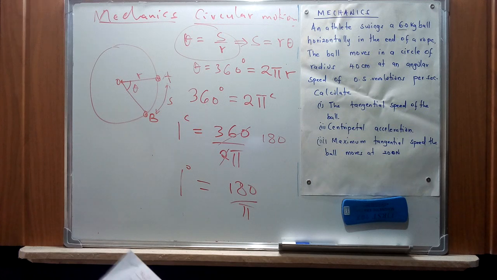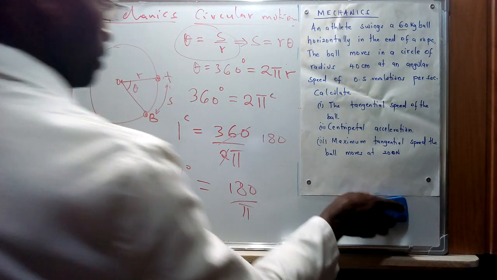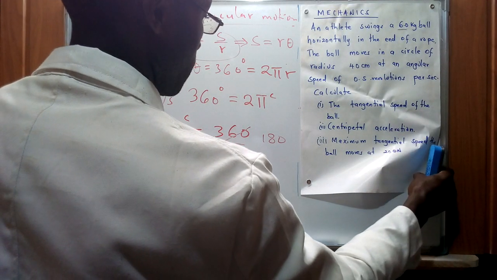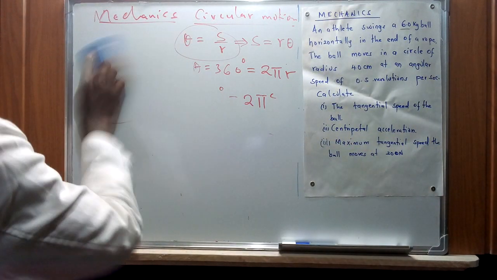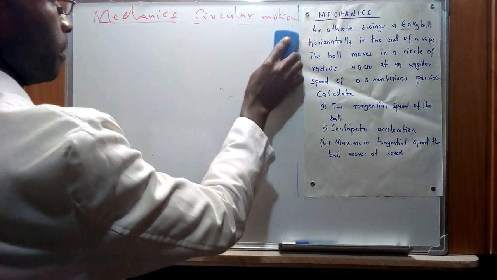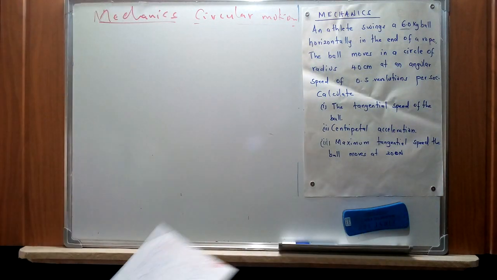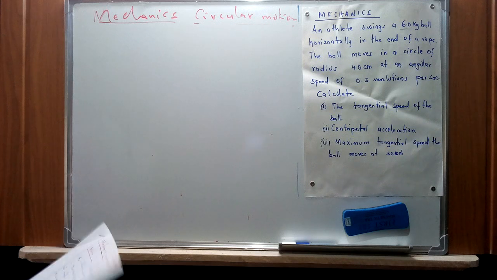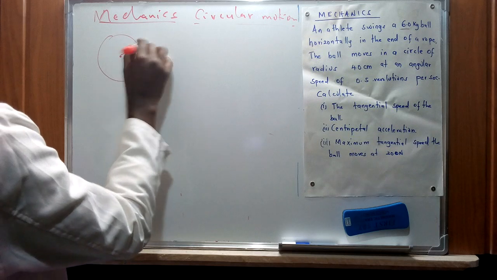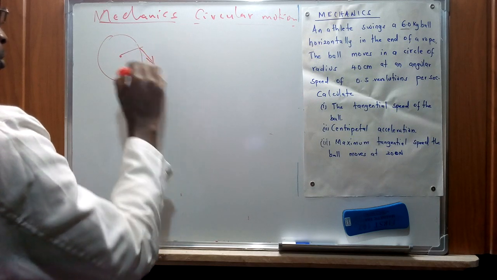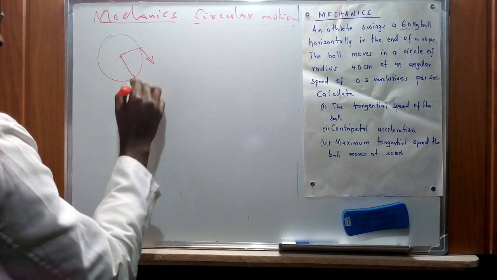Having that in mind, for an object that is moving in a circular path, the speed can be described using two specific terms that we have mentioned, such as angular displacement. I'm just going to explain what it means.